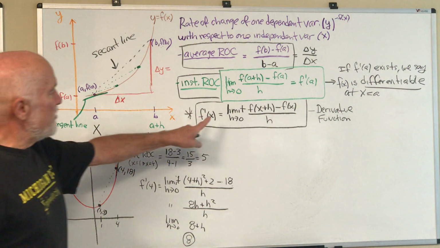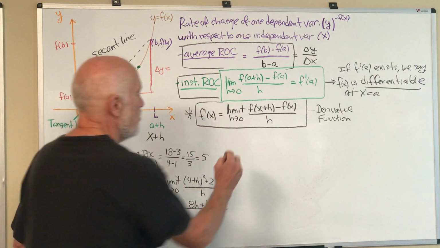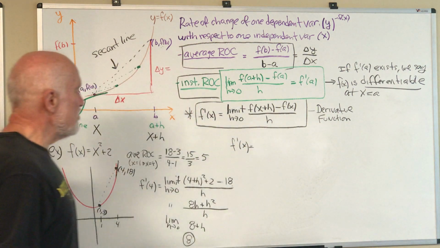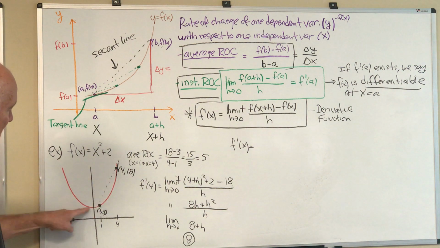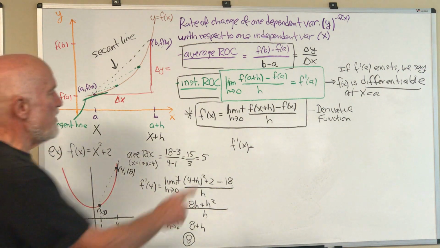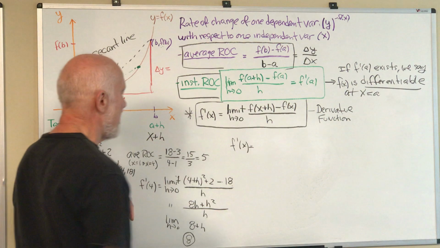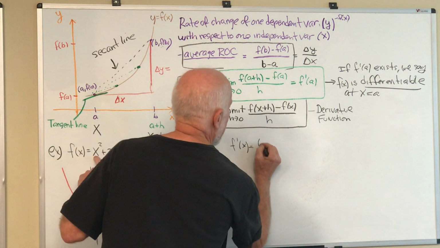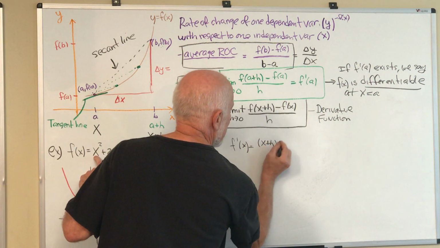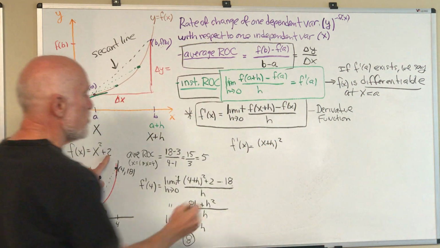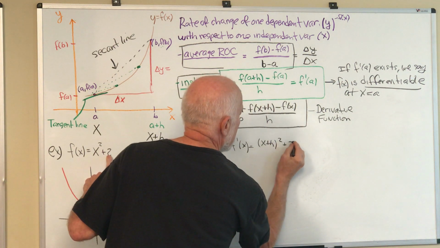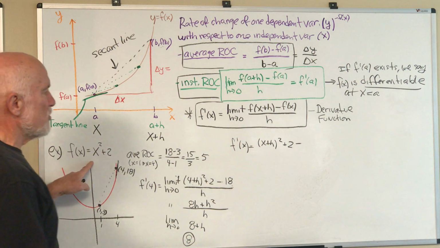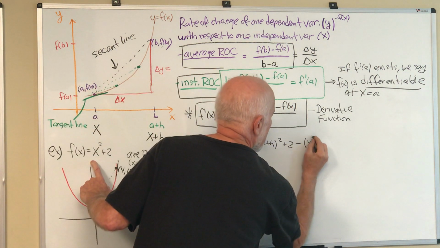And the last formula that we haven't used is this one. What is f prime of x? What's the derivative or the slope at every point on this curve? Well, now we have to use this formula. So what is f of x plus h? Well, it would be x plus h squared plus 2 minus f of x, and f of x is x squared plus 2.